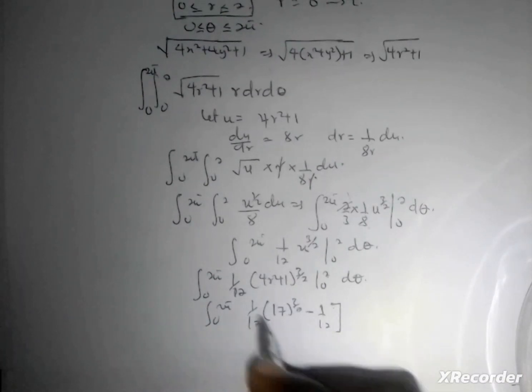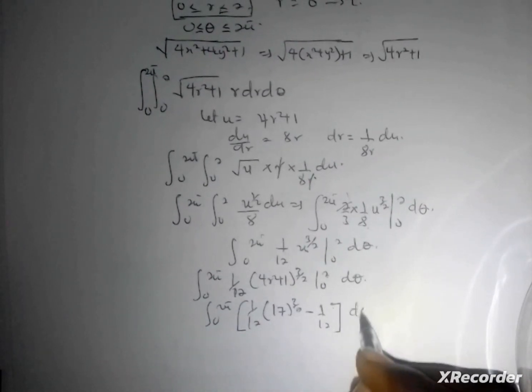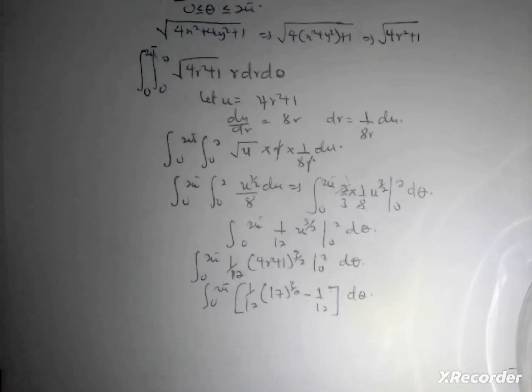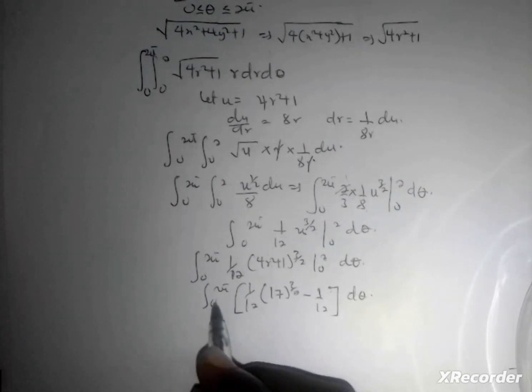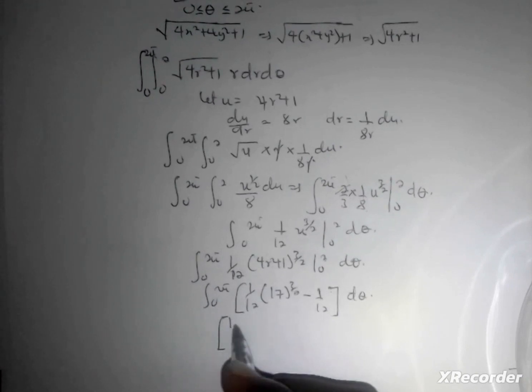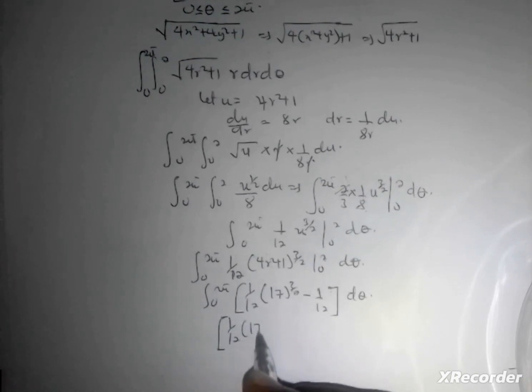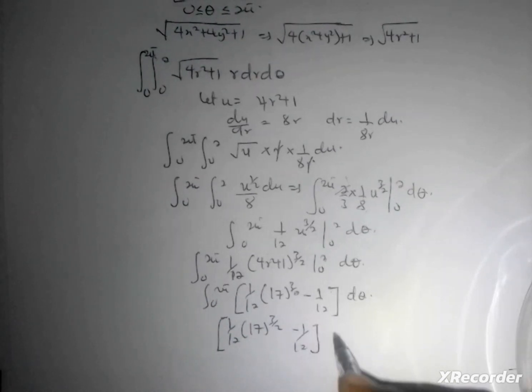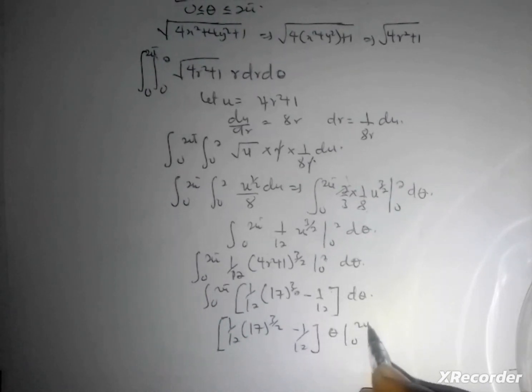Once I have this, the next thing I'm going to do is integrate the whole thing with respect to theta. So I'll have the integral of 1 over 12 times 17 to the power 3 over 2, minus 1 over 12, d theta from 0 to 2 pi.